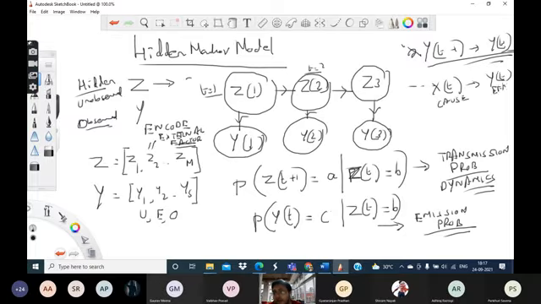Now what is the cause of Z_t? The answer is Z_{t-1}. So the dynamics is at the level of the unobserved things, and the observation is impacted by those unobserved things.